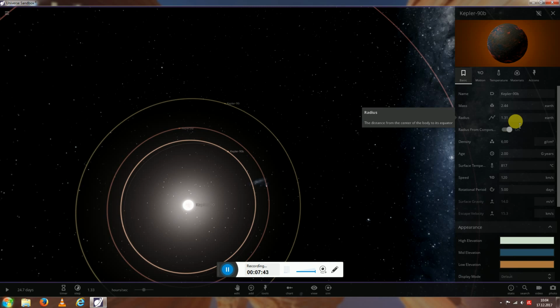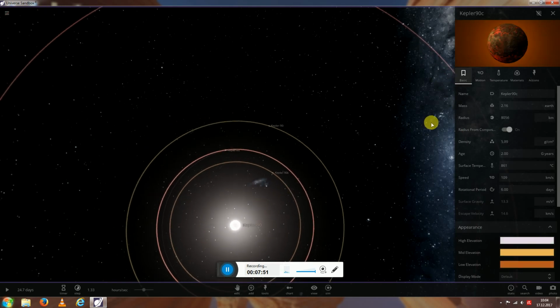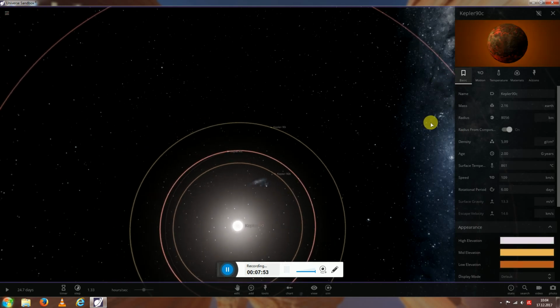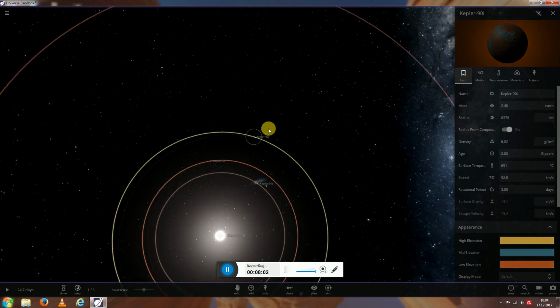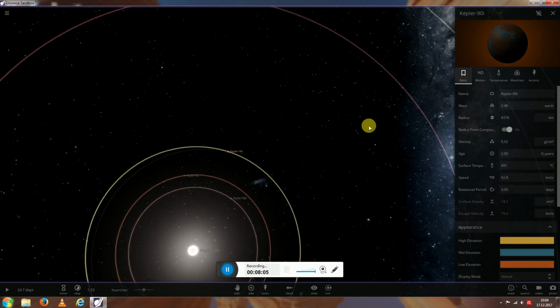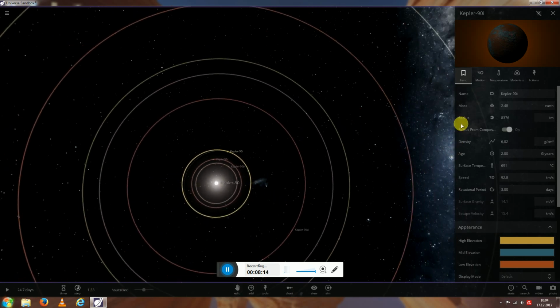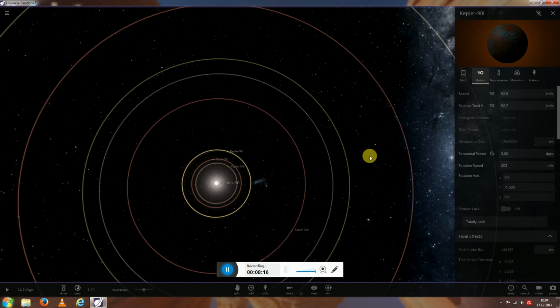We just know the radius of it, which is 1.31 times that of the Earth, while Kepler 90c has a radius of 1.18 times that of the Earth, and then Kepler 90I has a radius of 1.32 times that of the Earth.